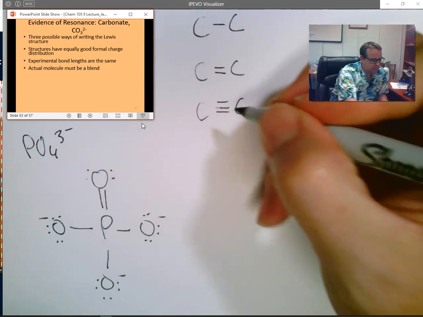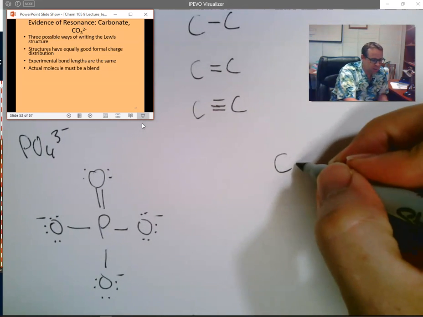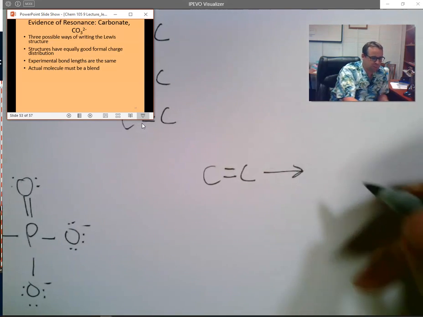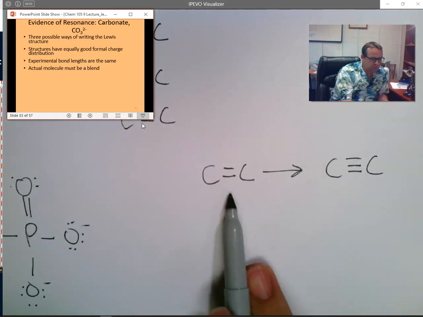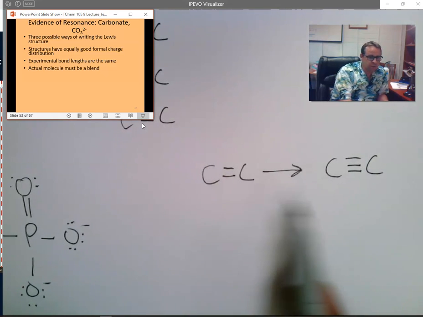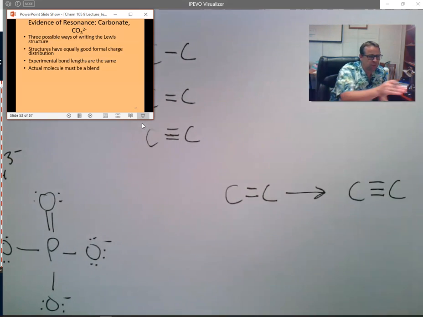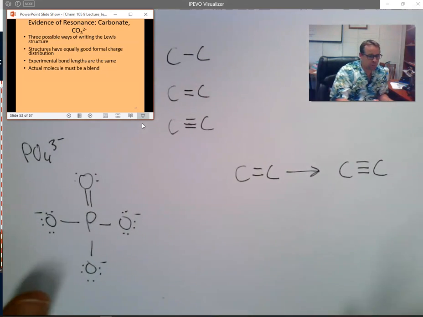Now, remember, how about this? I have a carbon-carbon double bond, and I perform some chemistry, and now I have a carbon-carbon triple bond somehow. Would this process release or require energy? It would release energy.